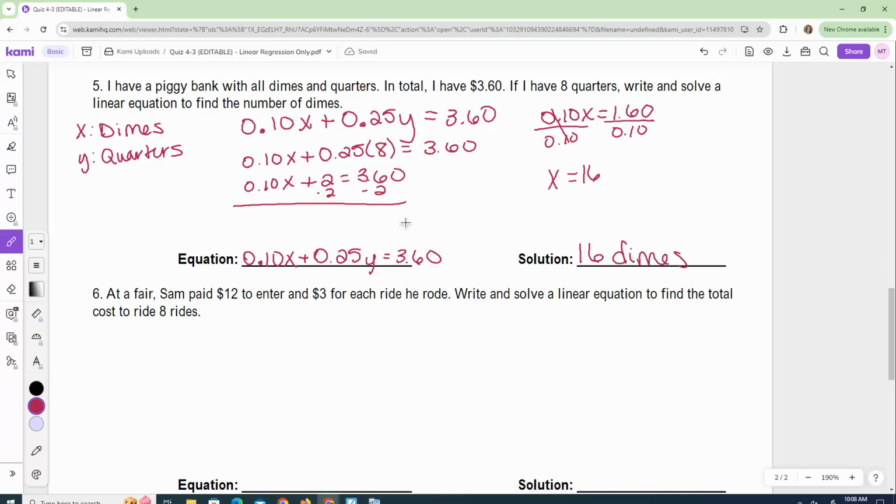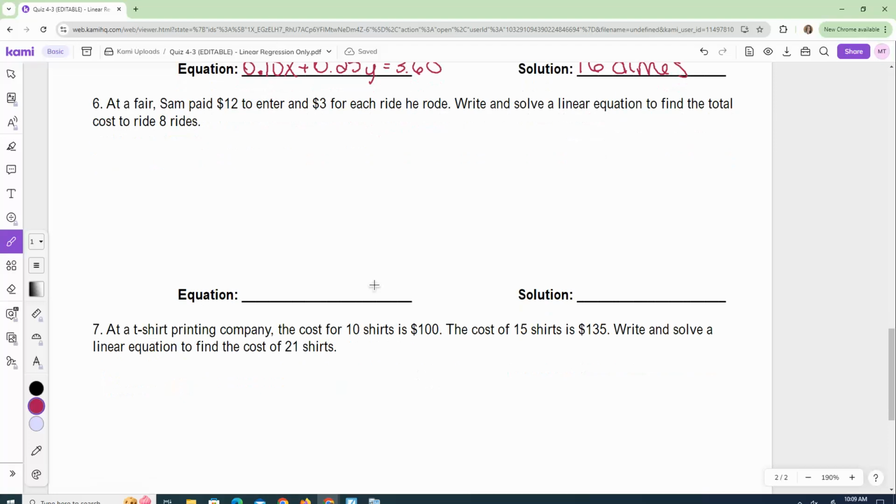Number 6. So, at a fair, Sam paid $12 to enter and $3 for each ride that he rode. Okay, I only gave you 2 numbers here. $12 to enter. How many times do you pay that $12?